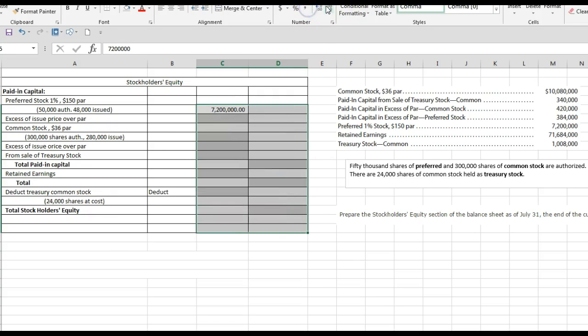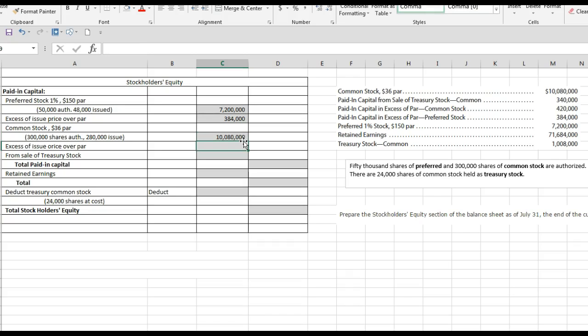And that gets us started. And how much did we have in excess? We had 384,000. And then you're going to list the common stock, which is 10,880,000.